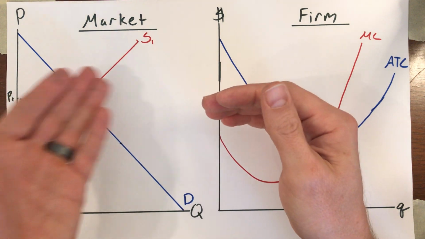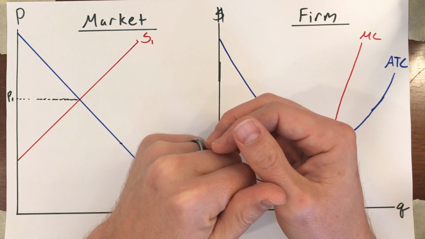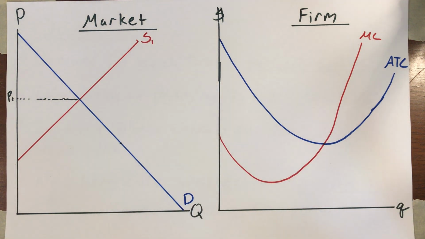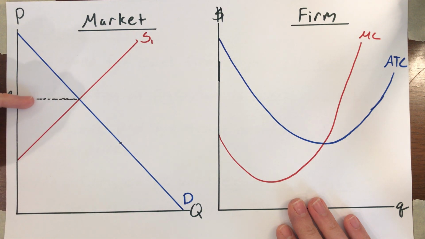Let's say there's 100 firms in this market, and all 100 of you get together and say, we're going to cut our output by, let's say, 15% and shift this supply curve up, and hopefully then we'll push the price up by more than 15%.